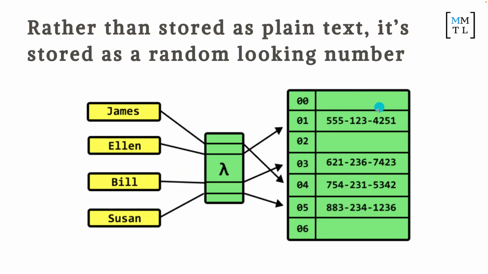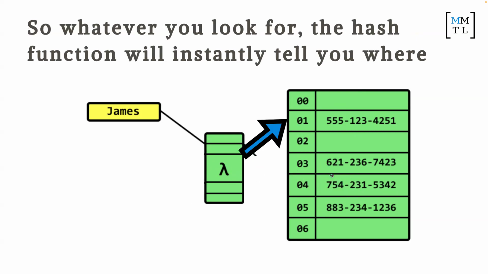So the hash function is this thing. It takes a name and it gives us some random number somewhere. So, for example, if we ever look for James in the contacts, we can put James into the hashing function and it straight away tells us where to find it.